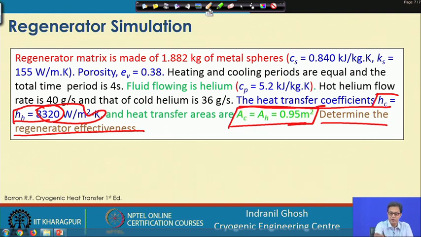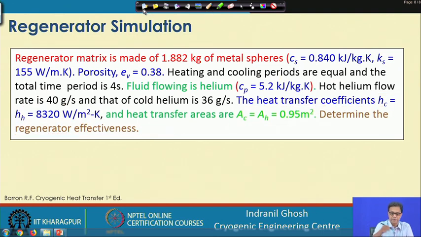So, some of the parameters are given, and what we have to find out is the regenerator effectiveness, and what would be the process to do that. We will discuss it in the next slide.